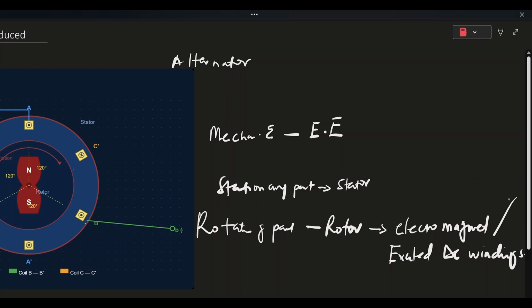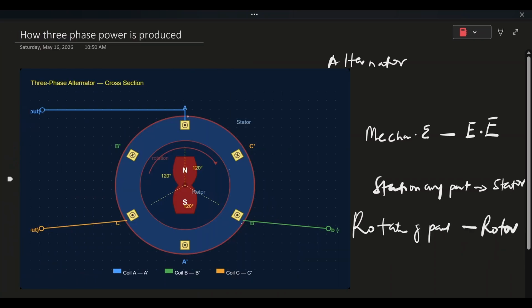So over here, this is a coil. So A is one of the coils, B is one of the coils, and C is one of the coils. The A prime, B prime, and C prime are the internal parts of these coils, while the A, B, and C are the external parts of the coils.